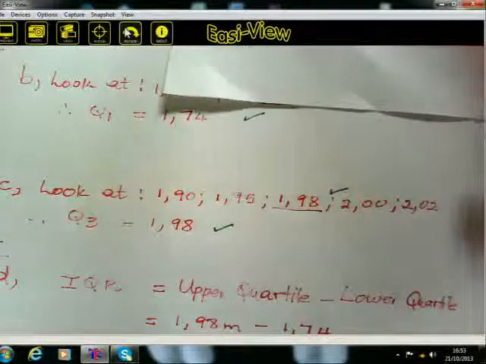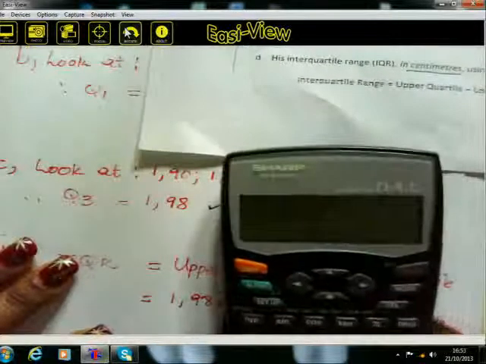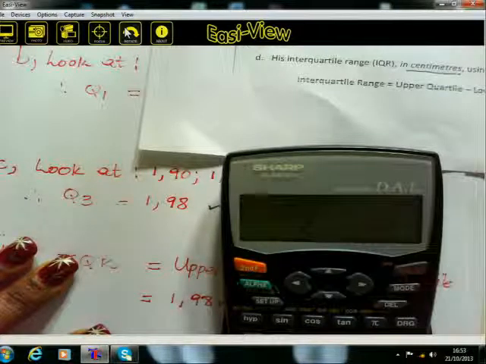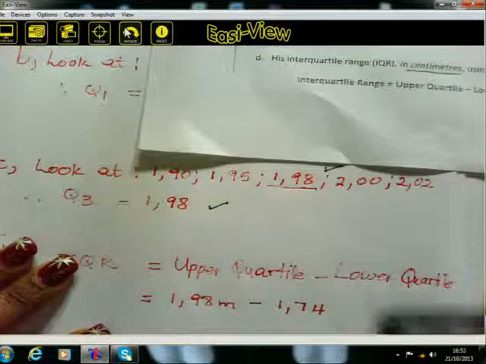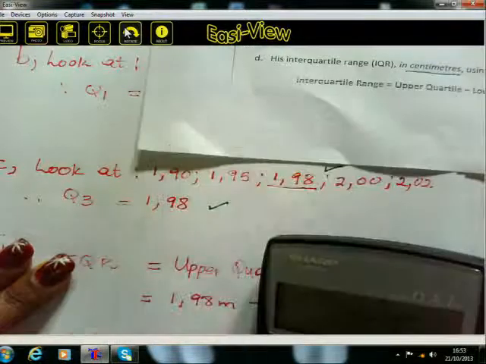We have calculated your quartile 1. So you take out your calculator. We are going to say 1,98 minus your lower quartile, 1,74. How much is it?